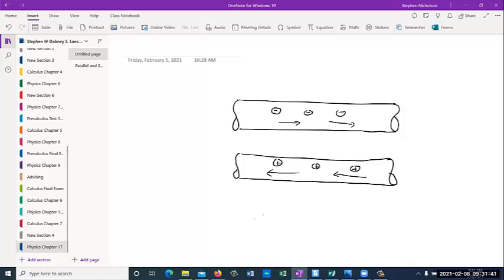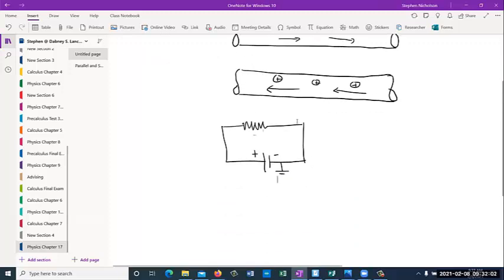Let me just draw a simple circuit here, which we've seen in our Arduinos. We have a battery, some sort of voltage source, with a negative side and a positive side. The negative side would be grounded from an Arduino perspective, so this would be GND. It would also be the negative side of the battery.